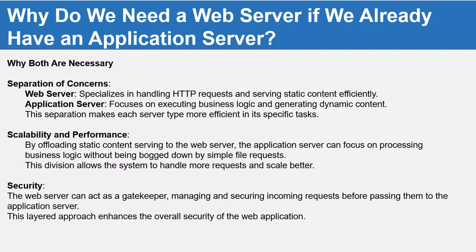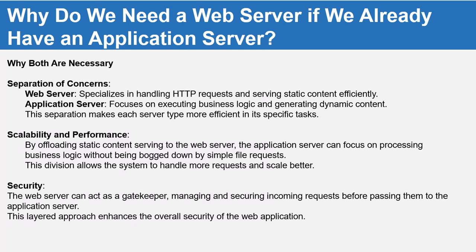So basically, friend, why are both the application server and the web server necessary? First is the separation of concerns, meaning that the web server specializes in handling HTTP requests and serving HTTP content efficiently. The application server focuses on executing business logic and generating dynamic content.